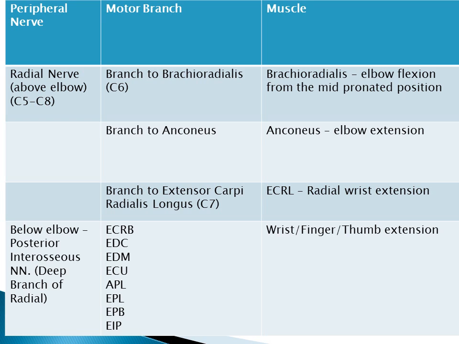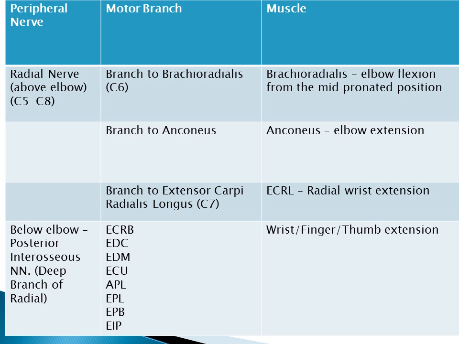If you could isolate the extensor carpi radialis from the extensor carpi ulnaris, you would see that the extensor carpi radialis longus is involved with radial wrist extension, with extension of the wrist with radial deviation of the wrist.